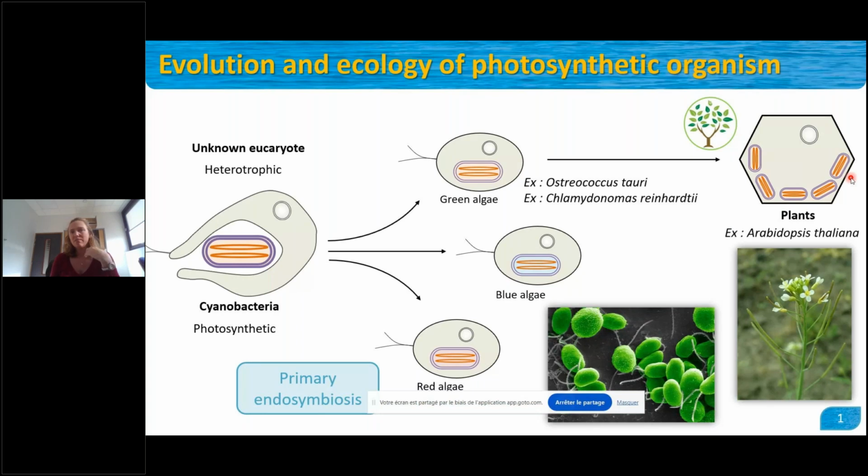And then what happens in evolution is what we call the secondary endosymbiosis, and that gave rise to a huge diversity and represents more than three quarters of the life we know on Earth.